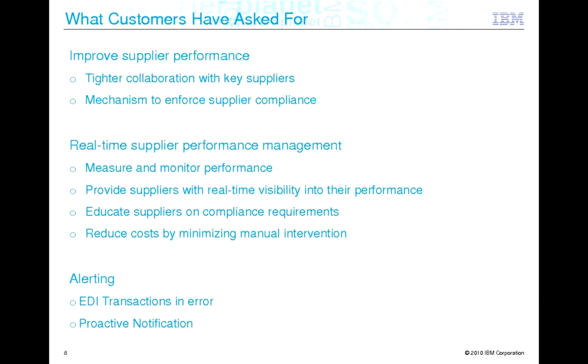I can also educate my suppliers on those compliance requirements. And then I can reduce cost by minimizing manual interventions. By having an automated system that does the chargebacks for me based on the discrepancy between various points within the commerce lifecycle, I can take out a lot of those manual interventions.